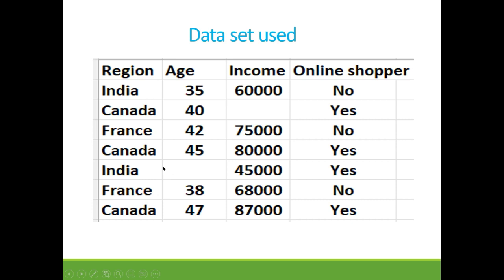The second thing we need to take care of in this dataset: we can see the first column and the last column are in text form. Our machine learning model cannot process the information available in text form.